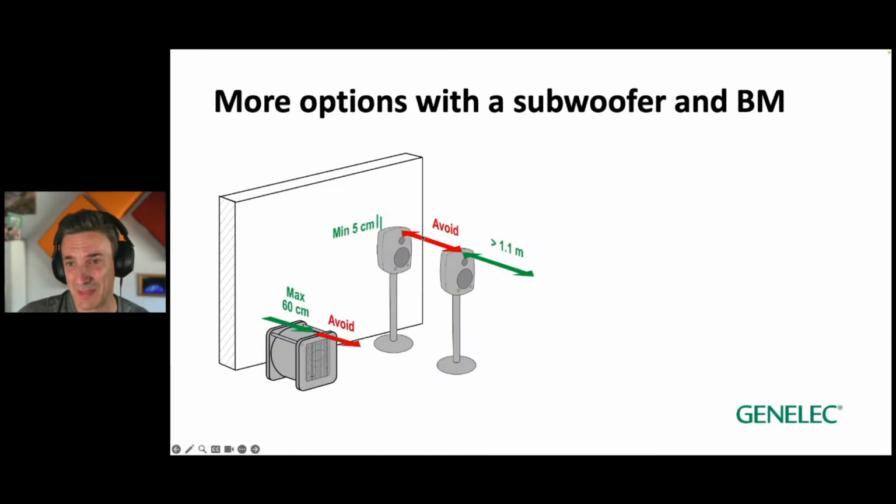If you have the speaker in that range, you are getting cancellations that are not within the range the subwoofer could cover. So it makes sense to be close to the wall or further away from the wall, more than 1 meter. Because then it's exactly the range that the subwoofer can cover.